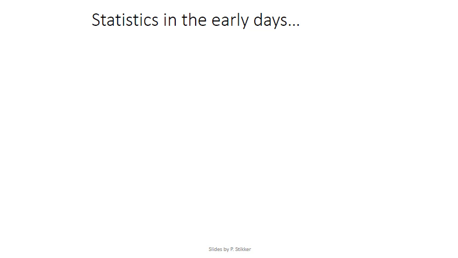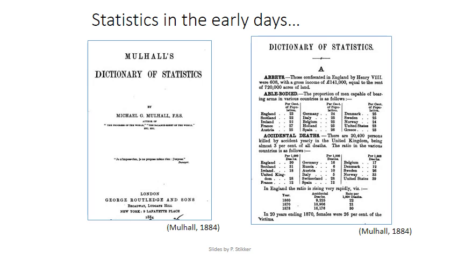How many males, how many females in my country, how many people can work, how many animals do we have, etc. If you look in old statistical dictionaries, for example the one from Mulhall from 1884, you will not find statistical terms being explained, but terms like able-bodied, that show the percentage of able-bodied people in, for example, England, which was apparently 23%.